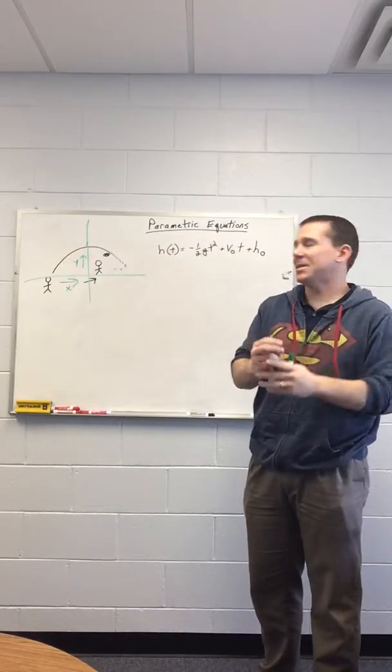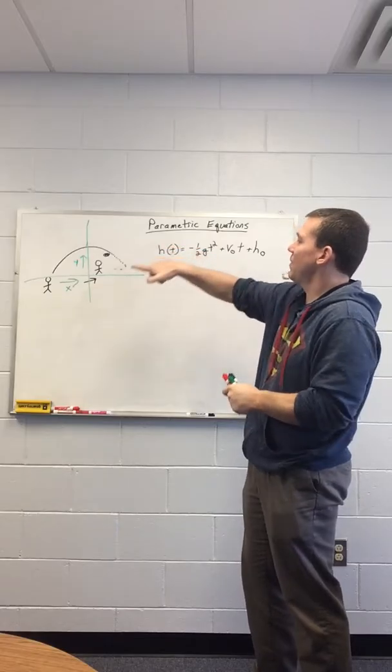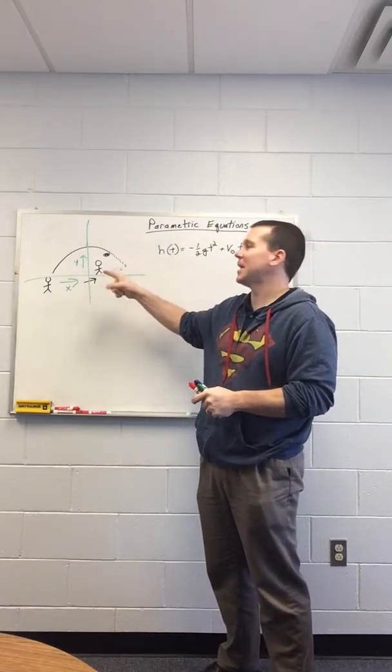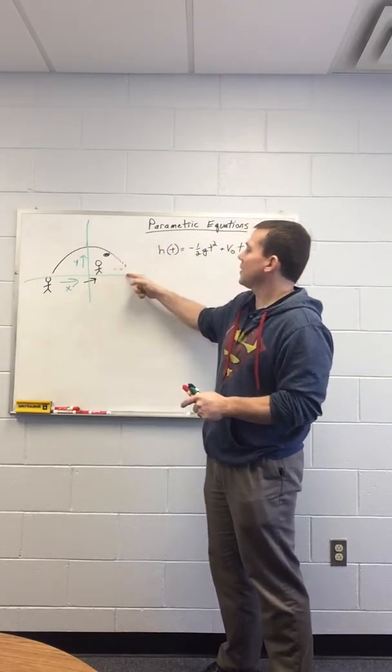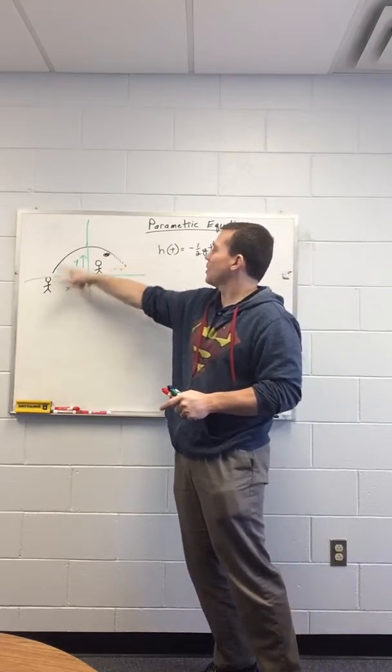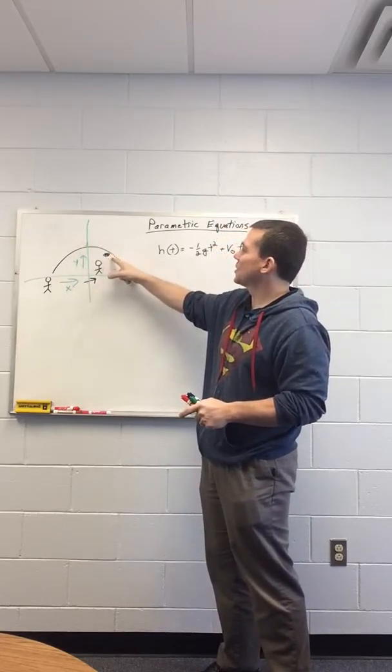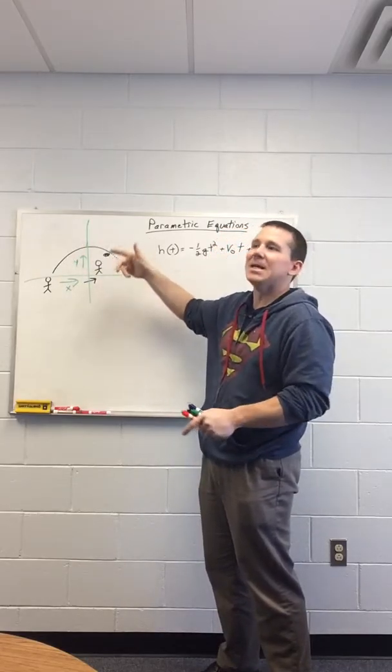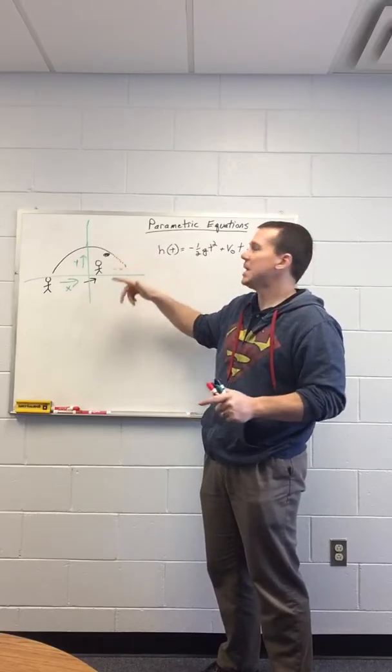But the problem is, if this is a real football that you're throwing to somebody who's running this way, then you need to make sure that when you throw it, it gets to a certain height at a certain time so that he can actually catch it.